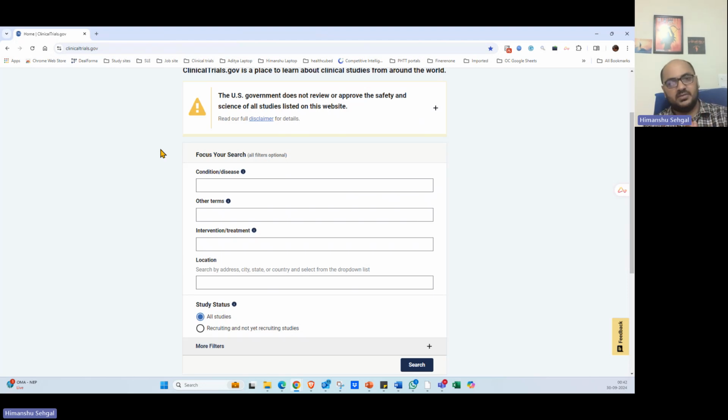Until the FDA gets US specific data, they will not approve that molecule.